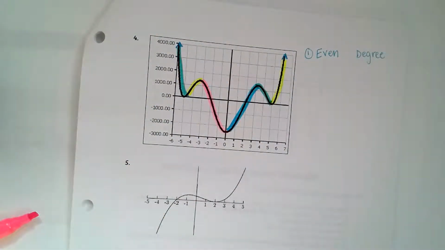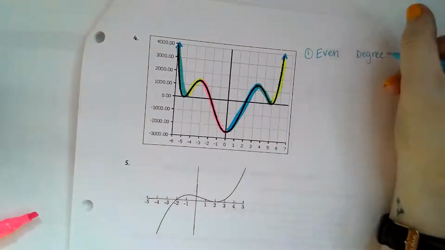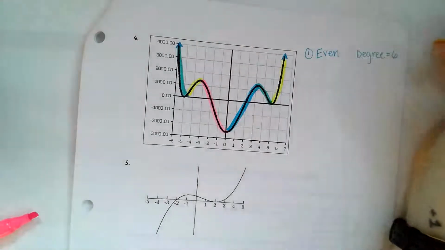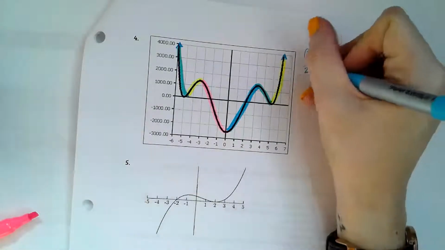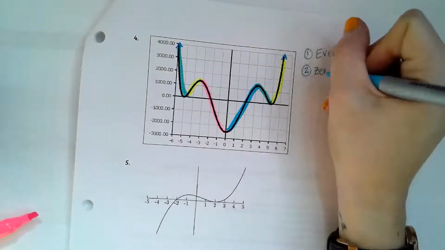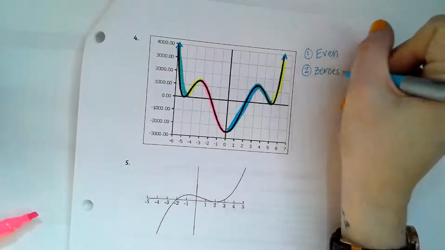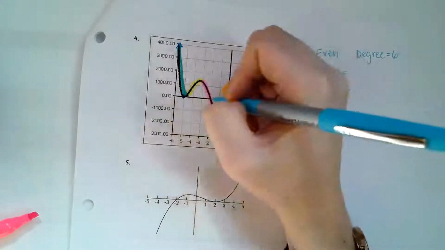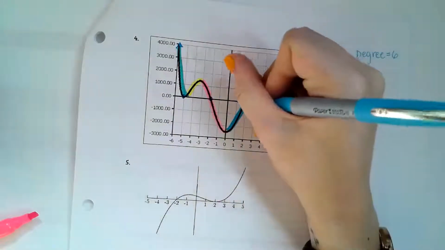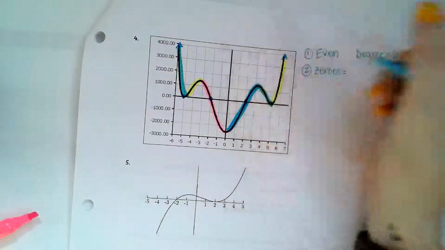So our degree here equals 6. So we've got 1, 2, 3, 4.